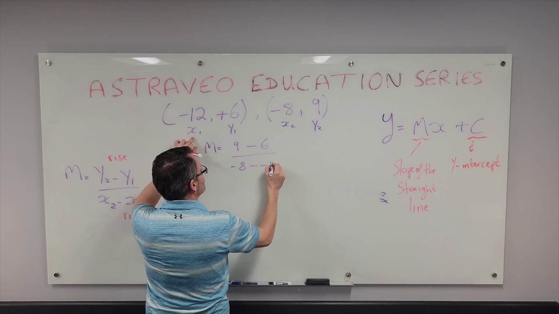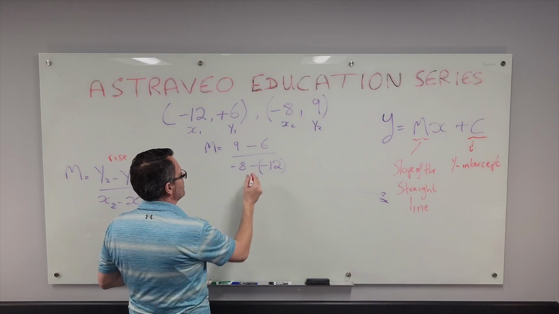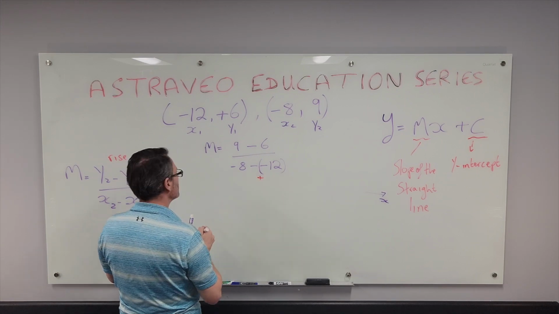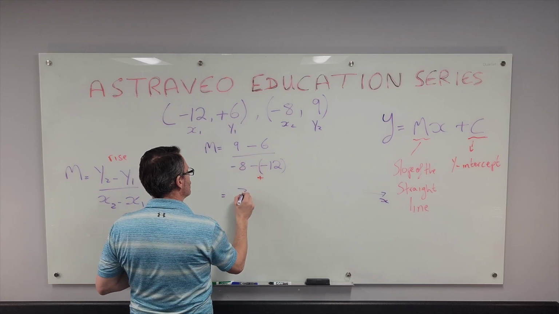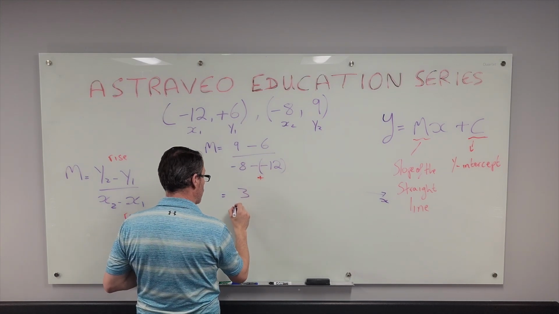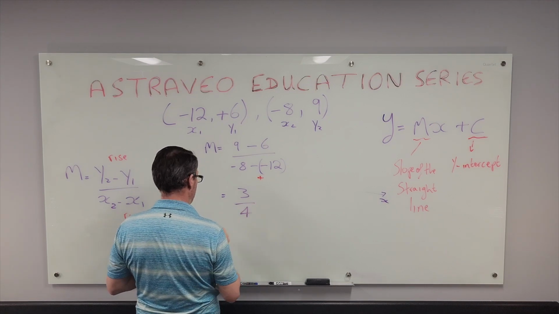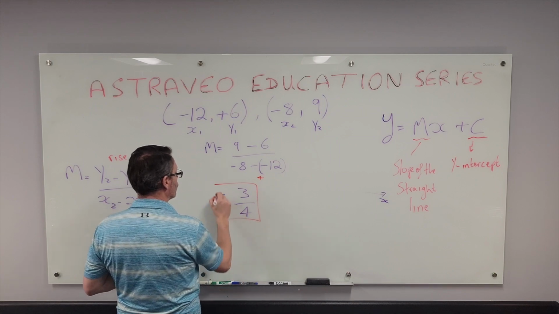Well, again, we've got one of these funky minus minuses. Don't forget, minus times a minus is a plus. So 9 minus 6 is 3. Minus 8 plus 12 is positive 4. So our slope is 3/4.